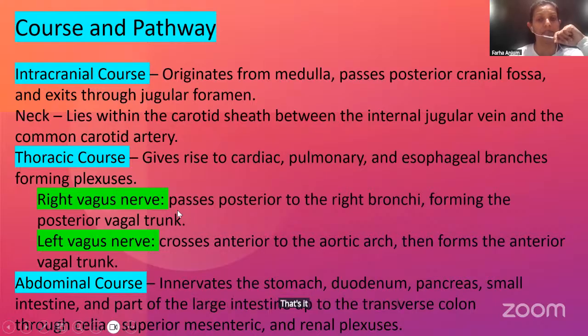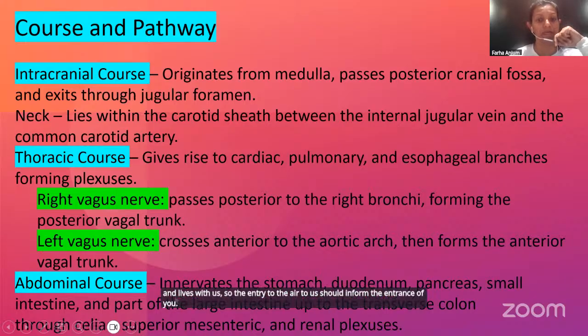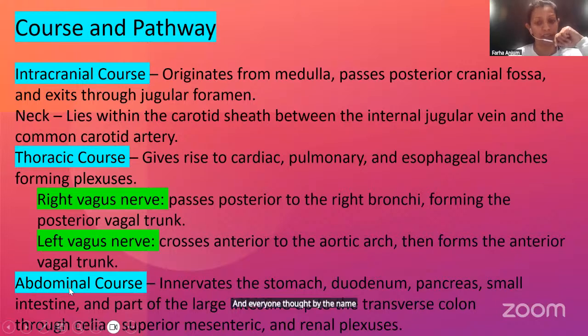The right vagus passes posterior to the right bronchus and forms the posterior vagal trunk. The left vagus crosses anterior to the aortic arch, then forms the anterior vagal trunk. And the abdominal part, as the name suggests, innervates the abdominal organs, such as the stomach, intestine, part of the large intestine, and transverse colon.